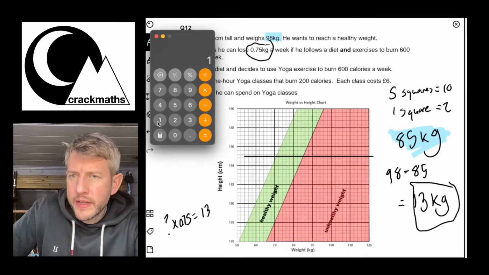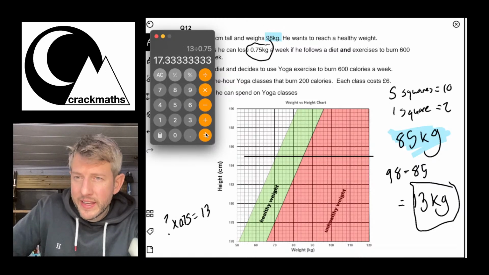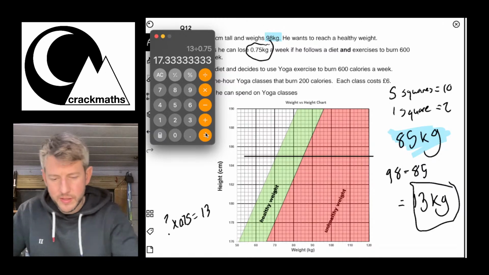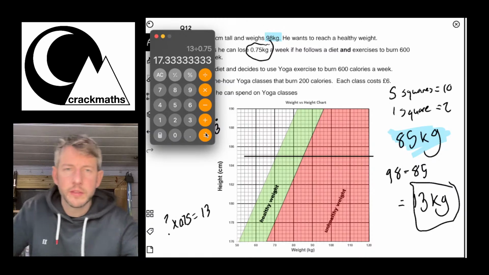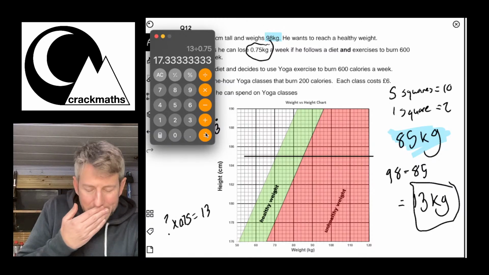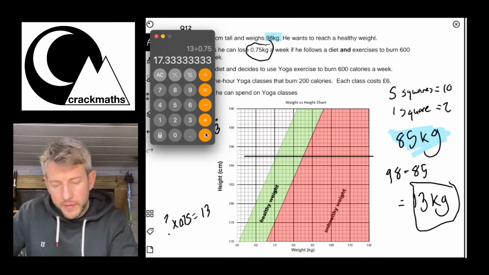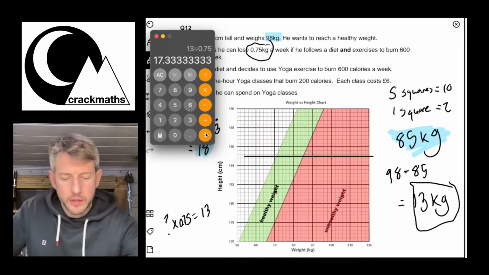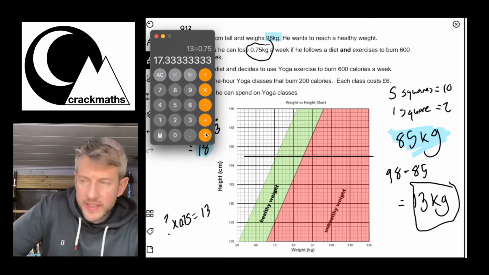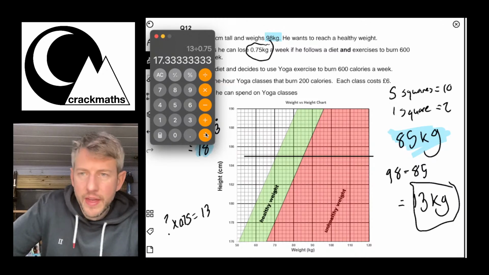So 13 divided by 0.75 is, oh gosh, 17.3 recurring. Okay, so that's going to be 17.3 weeks. Well, I guess we'll have to say that's 18 weeks. Okay, right, so it's going to take him 18 weeks to get there.